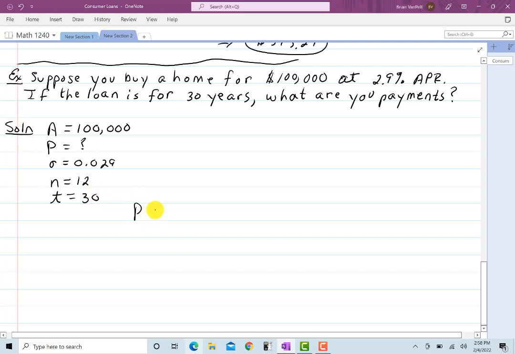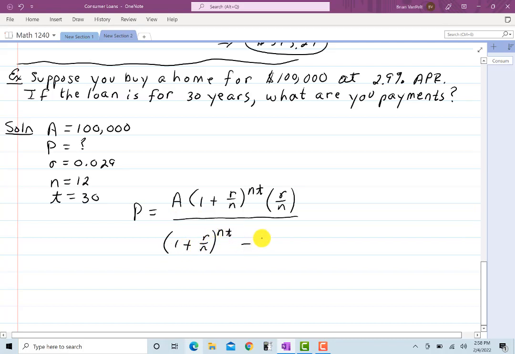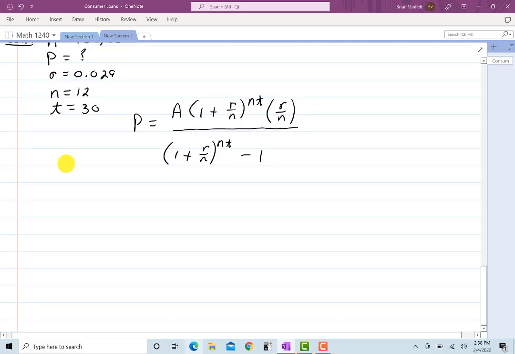So our payment looks like the following. So we have our $100,000. 1 plus 0.029 over 12 to the 12 times 30.